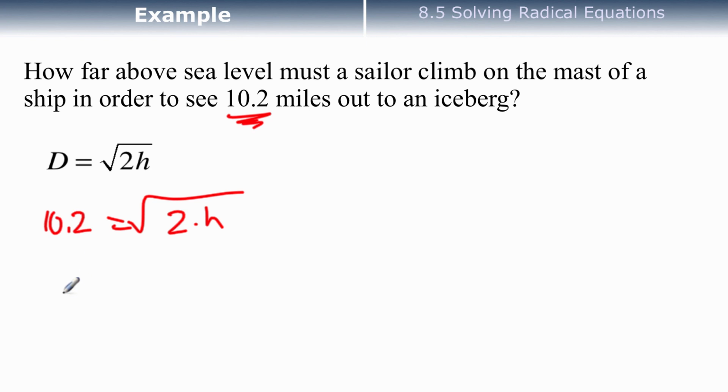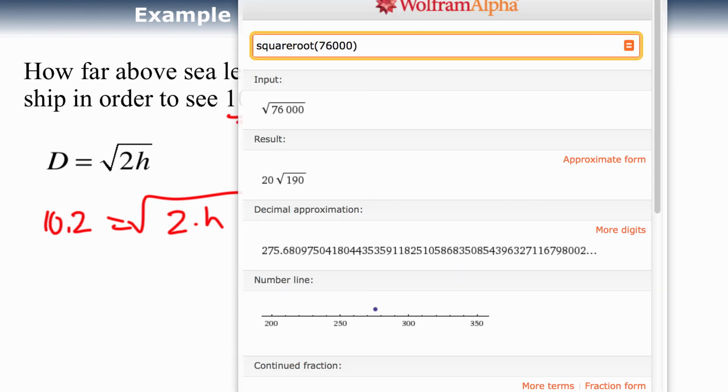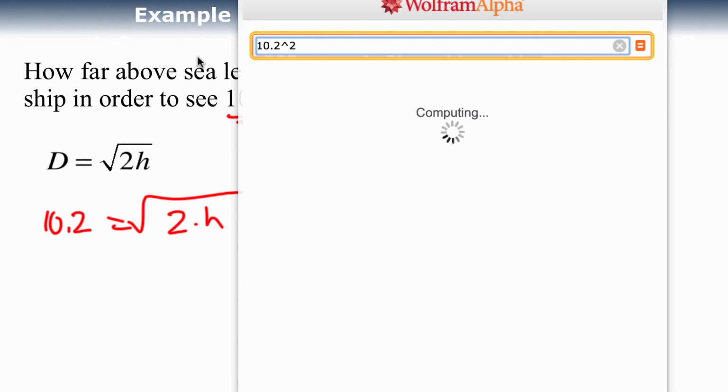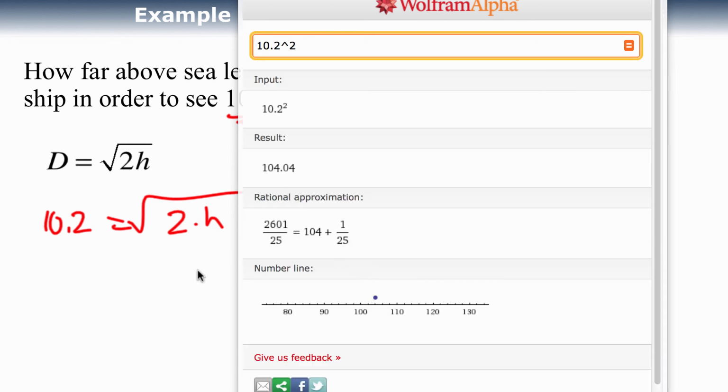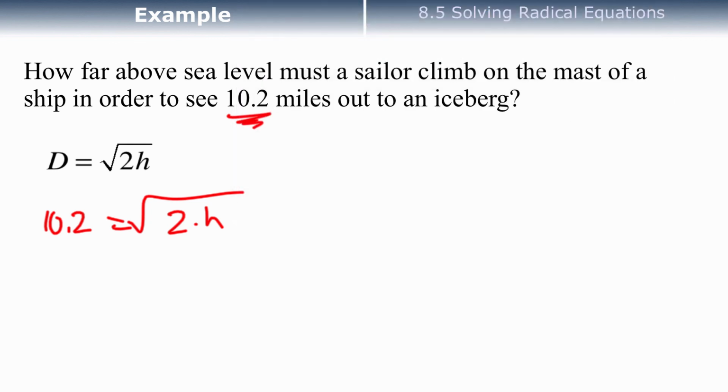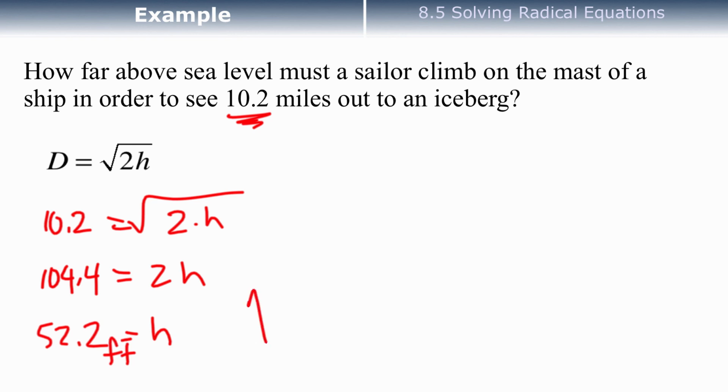So I'll get 10.2 squared, which is about 104.4. So 104.4 is equal to, squaring this side, I just get 2h. Divide both sides by 2, and I'll get 52.2. So that's how many feet you have to climb up in order to see out that far.